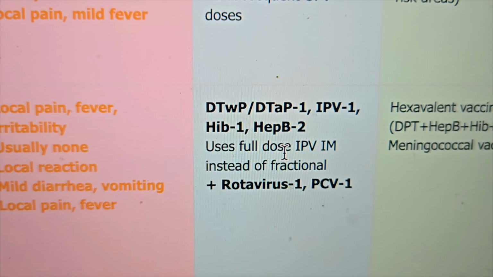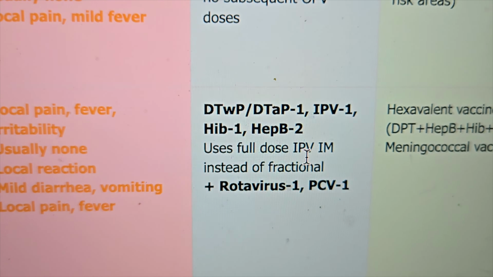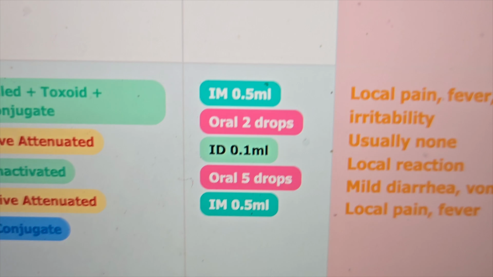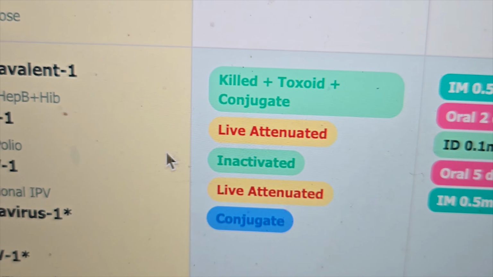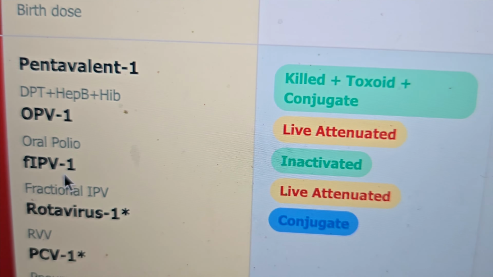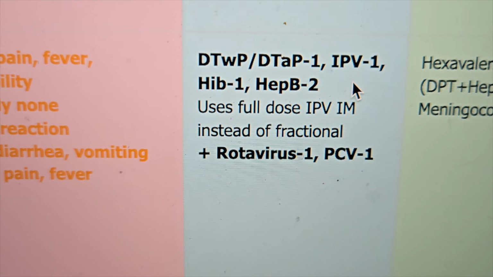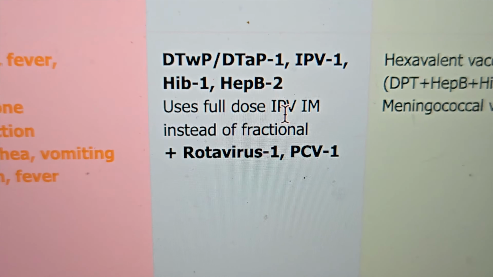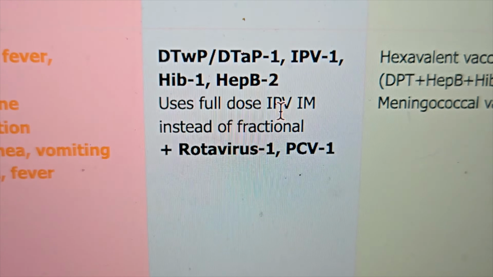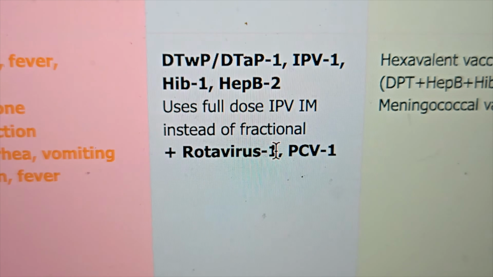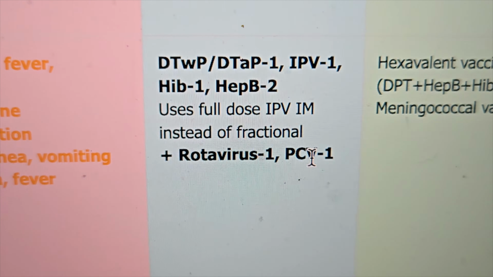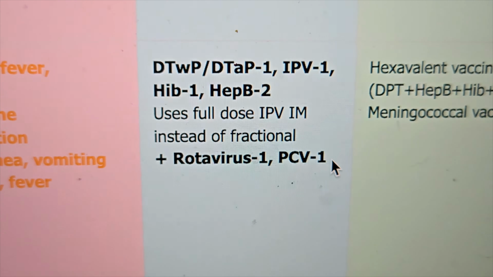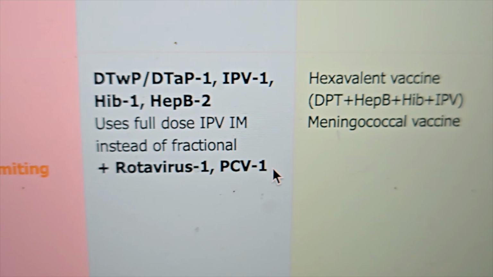It uses a full dose of IPV here. That is the difference from the national schedule. In the national schedule, we use only fractional IPV, whereas in the IAP schedule, we use full dose IPV and we don't use OPV after birth. Plus, rotavirus is also included. Pneumococcal vaccine 1 is also included in the IAP schedule.